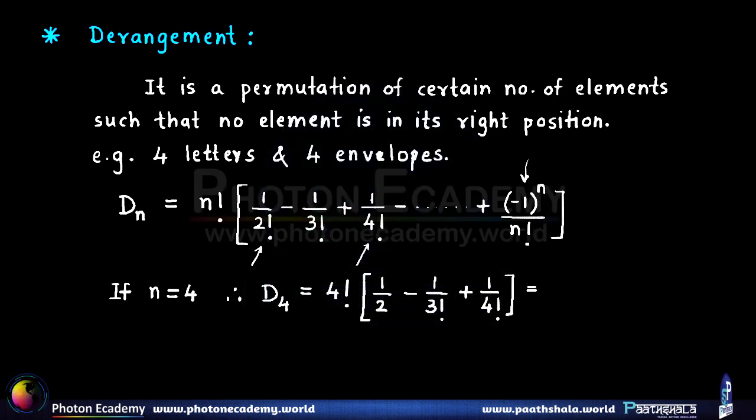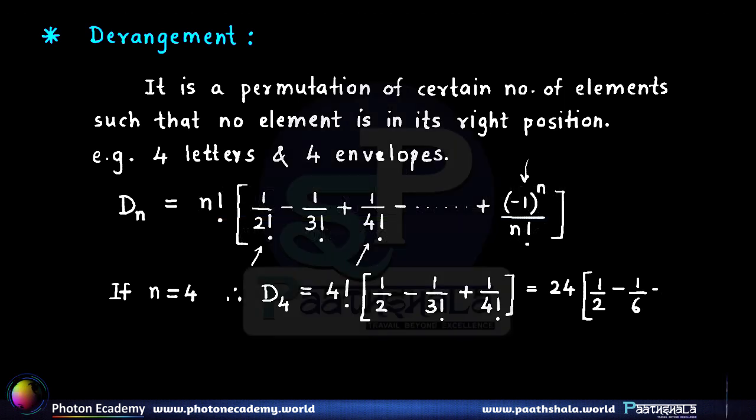So evaluating further, we have 4 factorial, nothing but 24, into the bracket 1 upon 2 minus 1 upon 3 factorial, which is nothing but 1 upon 6, plus 1 upon 4 factorial, which is nothing but 1 upon 24.